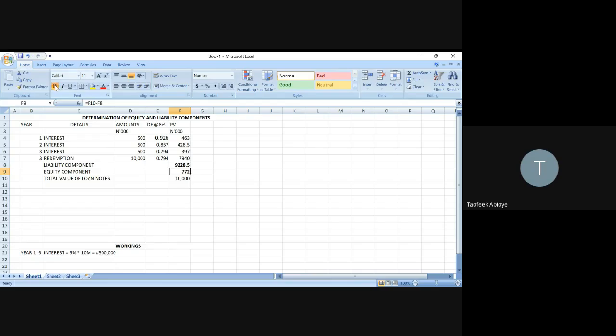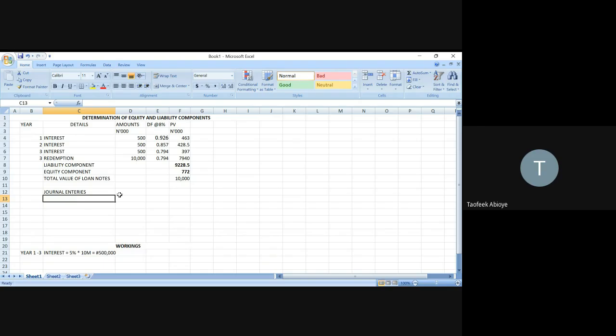So what are we going to do in our financial statement? Let me put the journal entry for this transaction now.